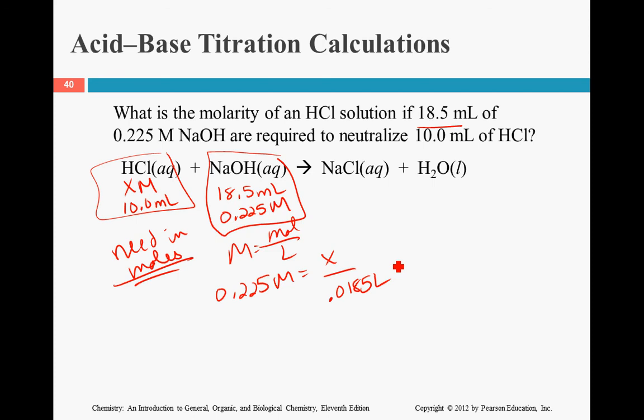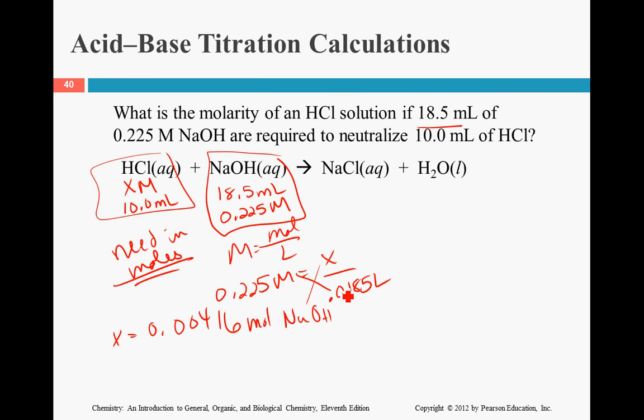So in order to solve for X, you cross multiply. So 0.225 times 0.0185. That means we have 0.00416 moles of NaOH.